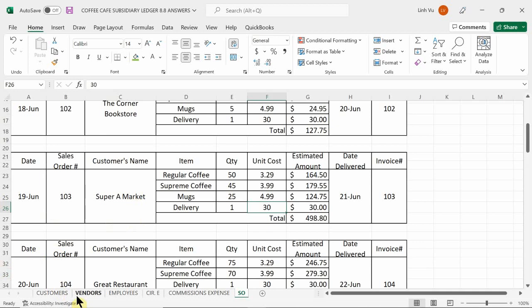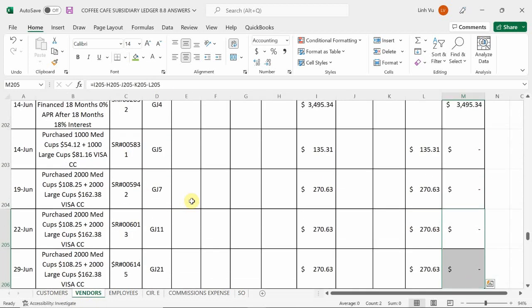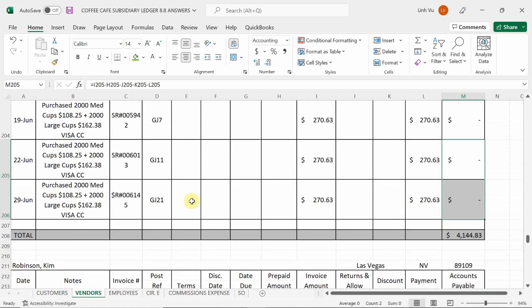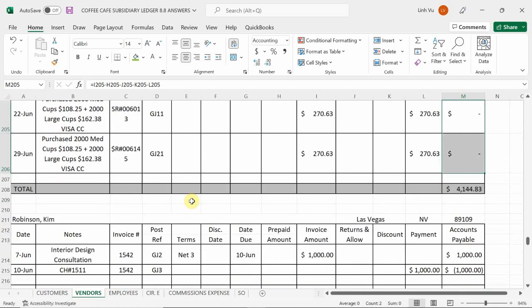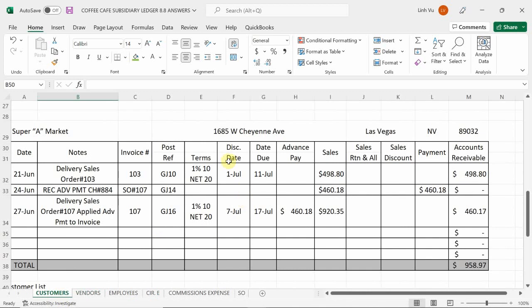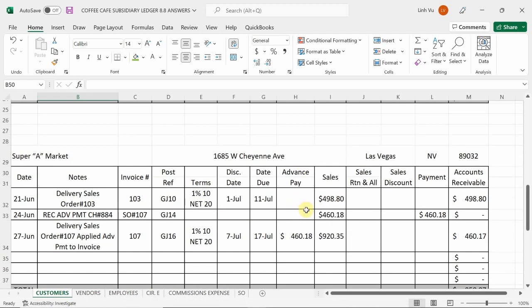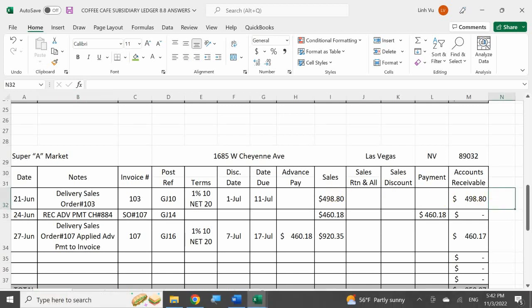So that means you can just take out $30 from each invoice, and that will give you your total amount of sales. So for this one, the total amount of sales is $498.80 minus $30. So you've got $468.80.